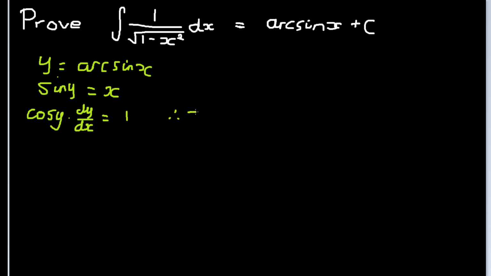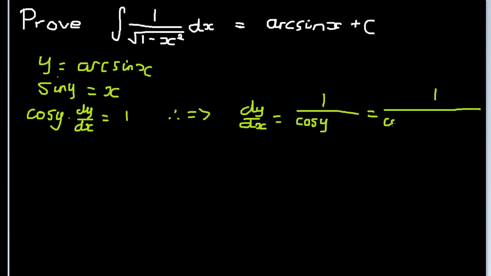So therefore, this implies that dy by dx is equal to 1 over cosine y, which is just equal to 1 over cosine of, what was y again? y was arcsine of x.